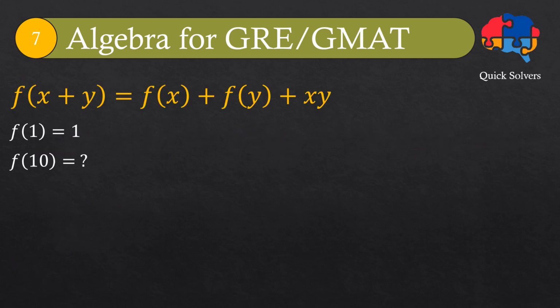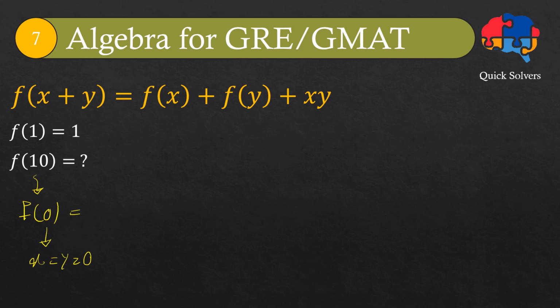One solution that comes to mind is that if you want to find f of 10, maybe we can start by finding f of 0 first. One assumption is that this 0 means x and y both are 0.